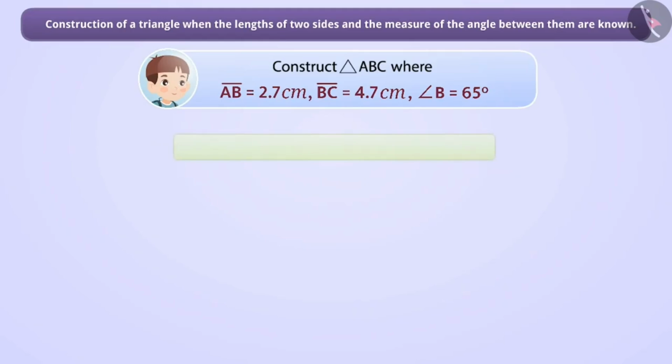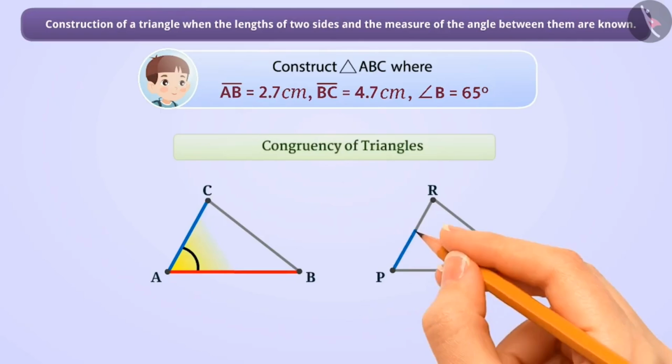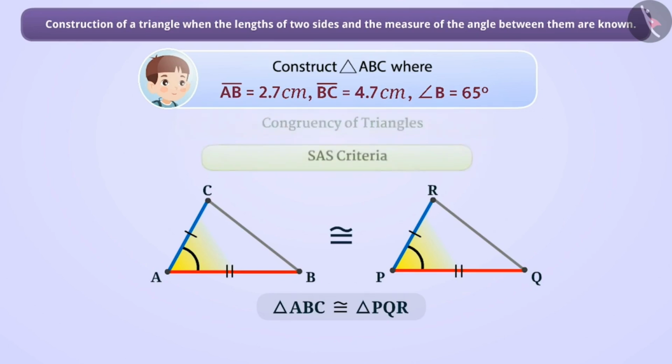Let's see. In the chapter Congruence of Triangles, we learned that if two sides and the angle included between them of a triangle are equal to two corresponding sides and the angle included between them of another triangle, then the triangles are congruent. This rule is called the SAS congruence criterion.